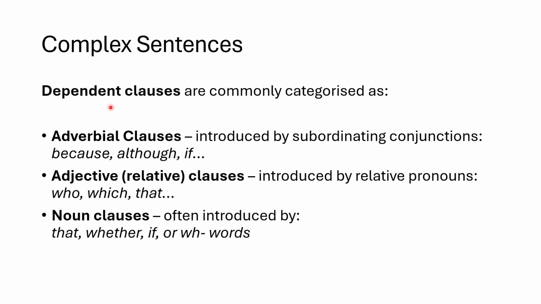Dependent clauses are commonly categorized as adverbial clauses. They are introduced by subordinating conjunctions, such as because, although, if. Adjective, relative clauses. They are introduced by relative pronouns, such as who, which, that.